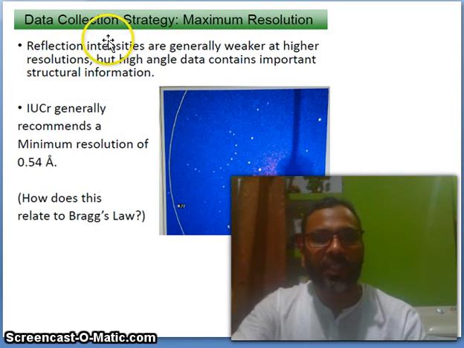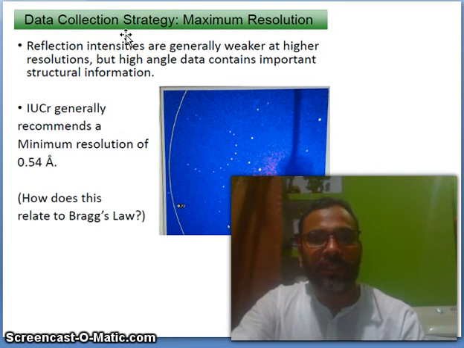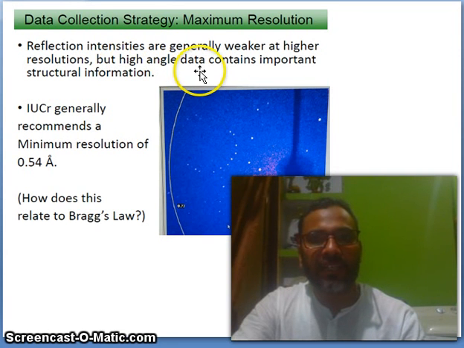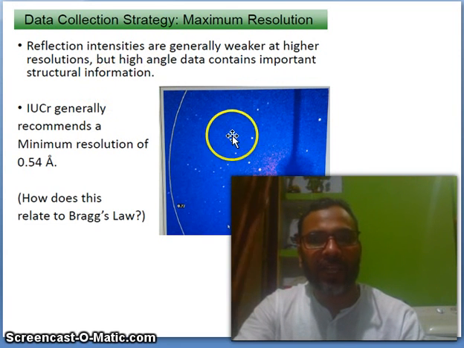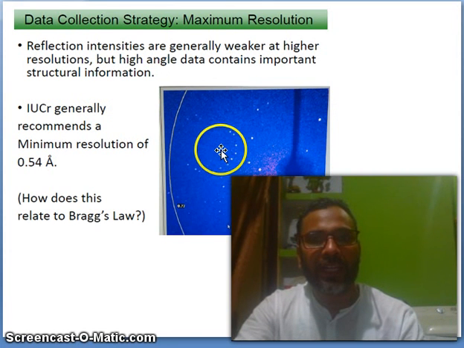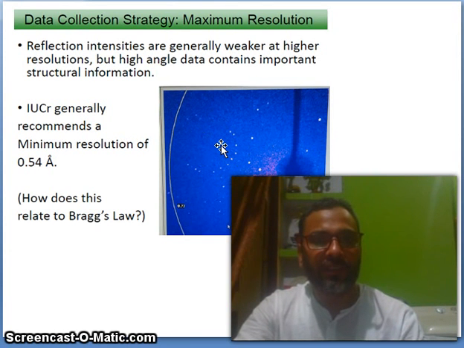Data collection strategy: maximum resolution. Reflection intensities are generally weaker at higher resolution, but high angle data contains important structural information. This is your beam, and high angle data is important.